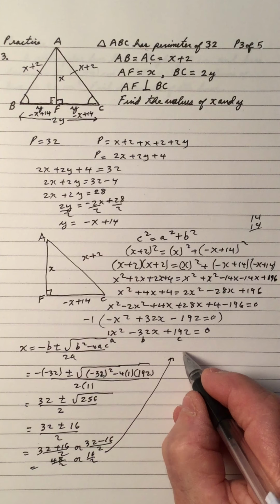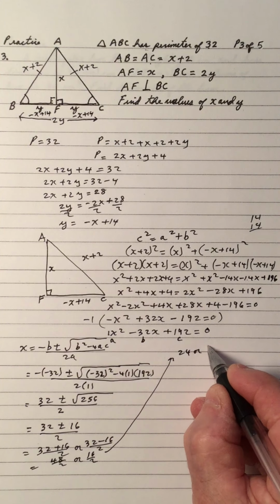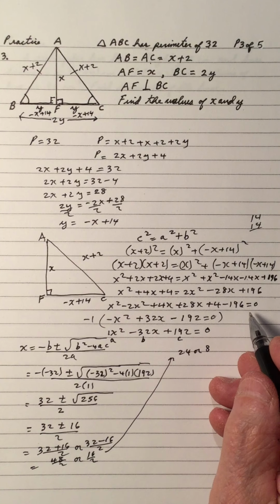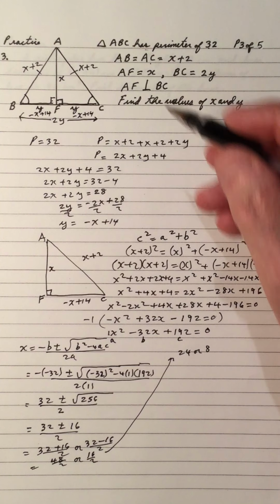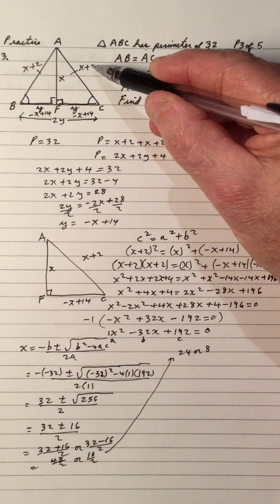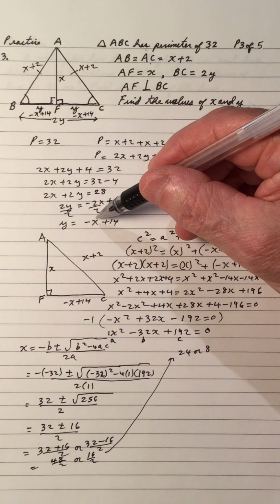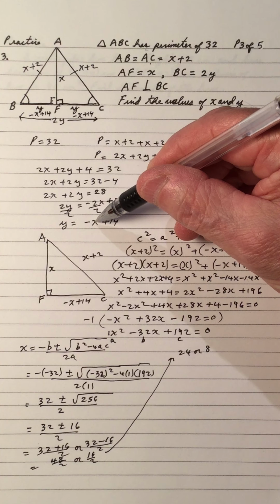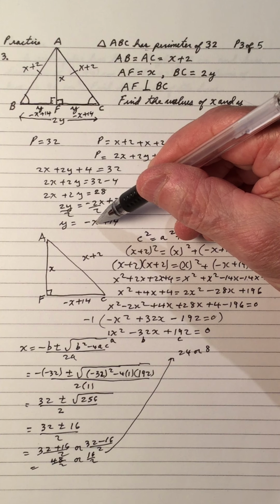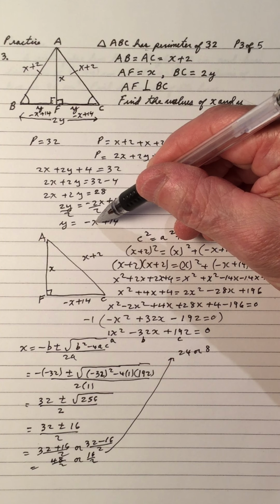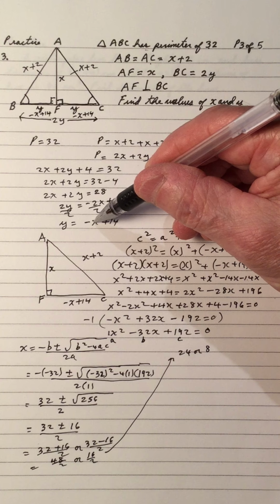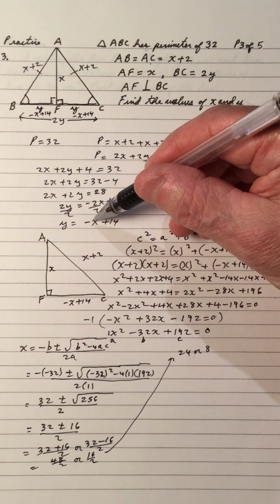So the numbers there are 24 or 8. Let's check 24. If we put 24 in here, 24 gives me negative 24 plus 14, which is negative 10.